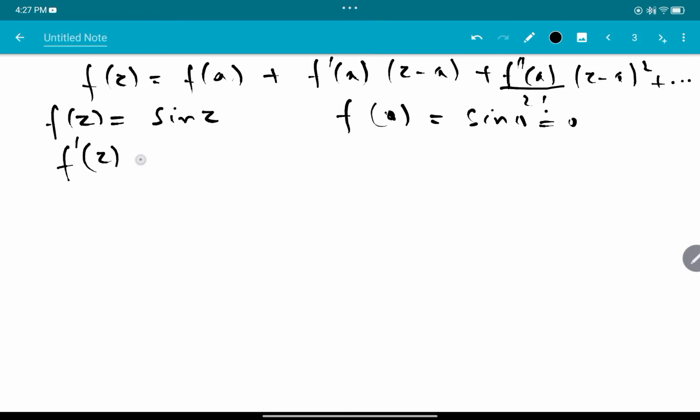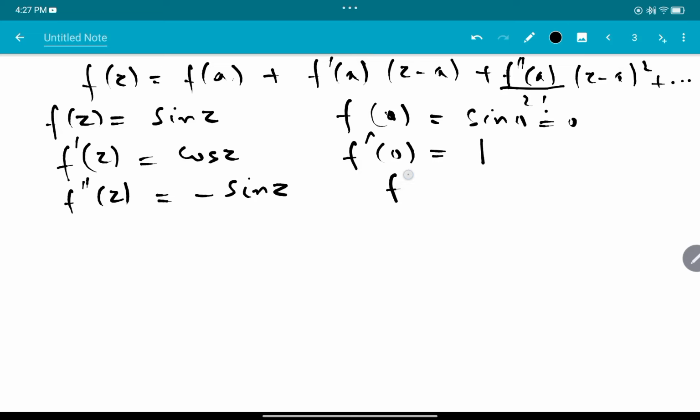Then f'(z) is equal to cos z, so f'(0) is cos 0, that is 1. f''(z) is equal to minus sin z, so f''(0) will be 0. You can see the first term is 0, the third term is 0, so the even terms will go.